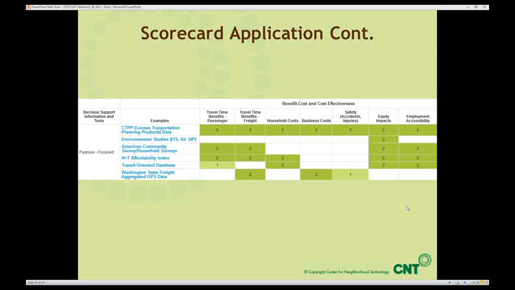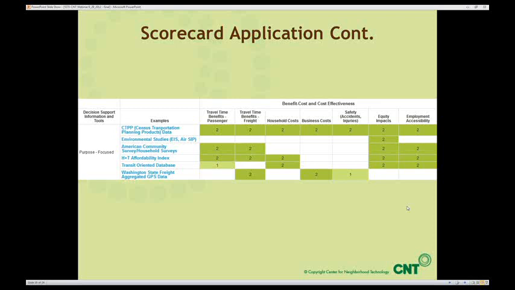One of the tools, again, is this purpose-focused category. And I want to remind you that underneath each of the examples, there is a link to relevant information on those examples. Jim explained that we have some general data provisions, but we also have this purpose-focused. For example, the American Community Survey is a more general one, but it does provide now the main source of our commuting data. Our examples also include some very specifically focused data sets and links to them when you click on the example.